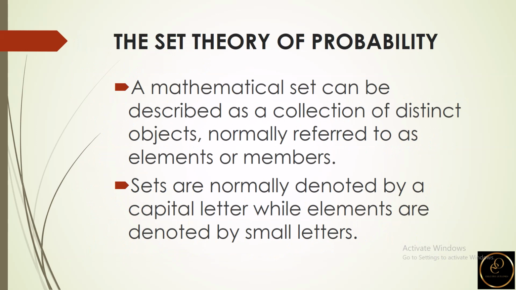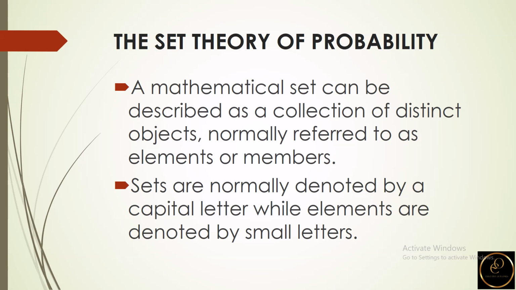Okay. So just to recap on the set theory, we learned that a mathematical set can be described as a collection of distinct objects, normally referred to as the elements or members. So that's what we call a set. These sets are denoted or represented in the form of capital letters.